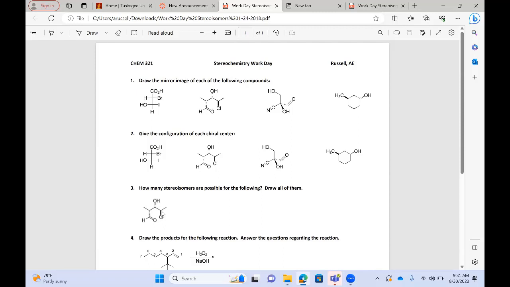So how many stereoisomers are possible? Wouldn't you do 2 to the n? 8. Mm-hmm, 8 total. Good. All right. So at least one of those stereoisomers is going to be what?